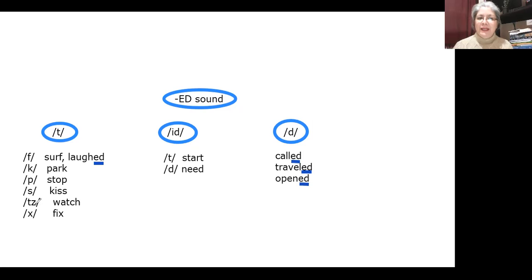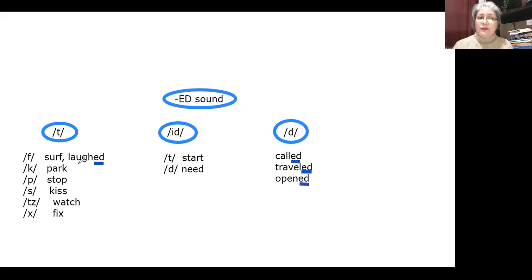You see, they are not letters, they are sounds, because they are between these bars. So it represents the sound, not the letter. Let me prove to you that we are talking about the sound and not the letter. The word is surf. Coincidentally, it finishes with the letter F and the sound is also F. We say surf, the verb to surf.